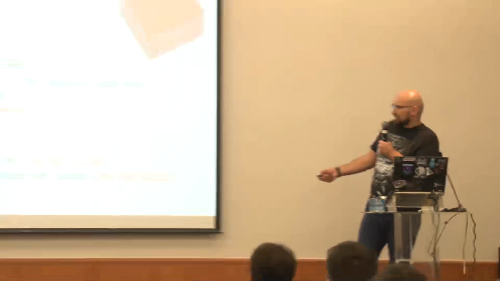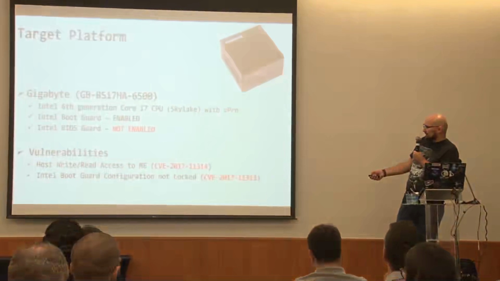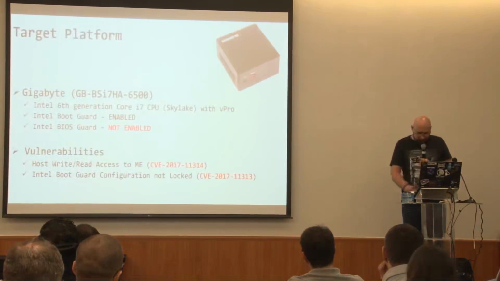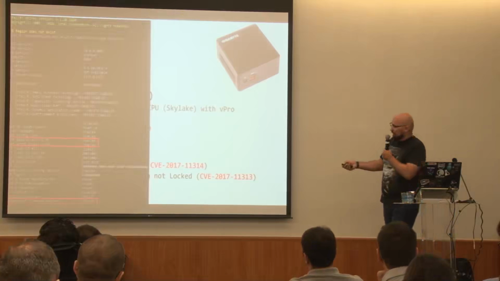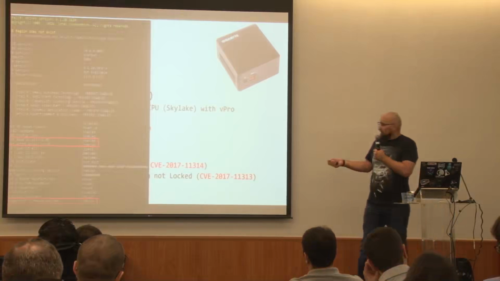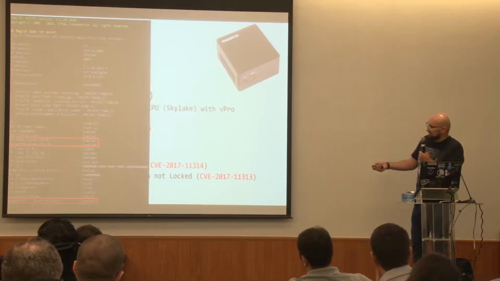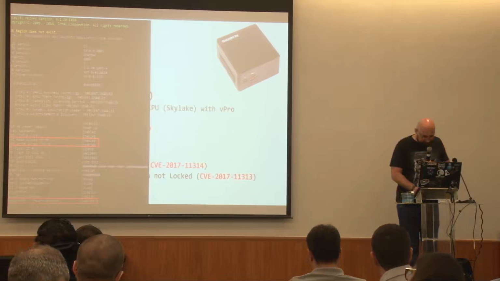I found 2 vulnerabilities used for this Boot Guard bypass. The first one is read and write access to SPI regions. The other one is that the fuse is not locked. We can show this is true from the SPI info tool. You can see that SPI access for read and write is enabled, and Boot Guard is enabled.